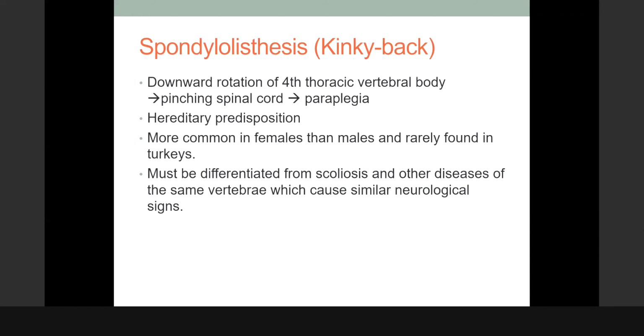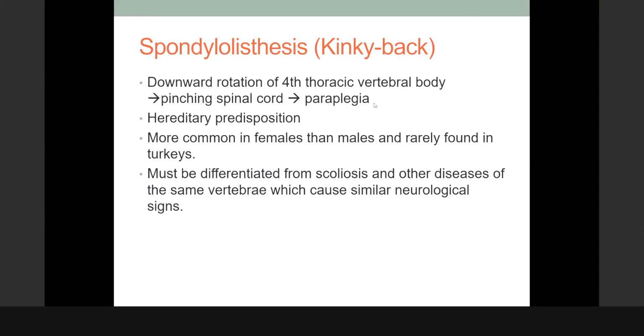This one you'll also see once in a while. It's a spontaneous problem. It is due to downward rotation of the fourth thoracic vertebral body, which leads to pinching of the spinal cord and paraplegia. Why the fourth thoracic vertebra?